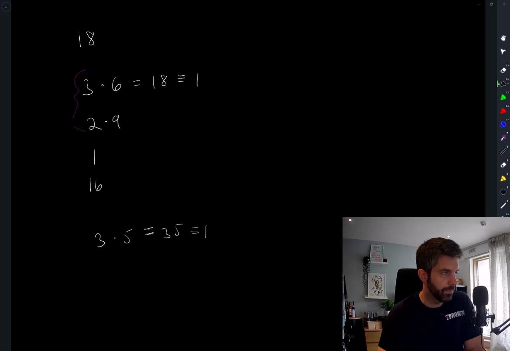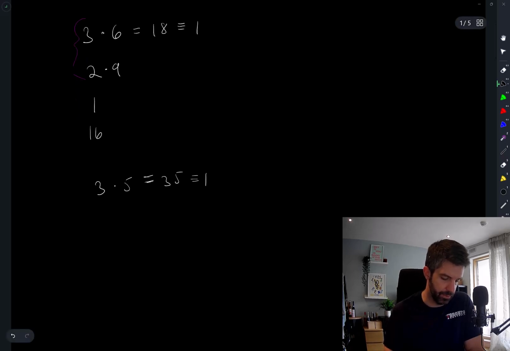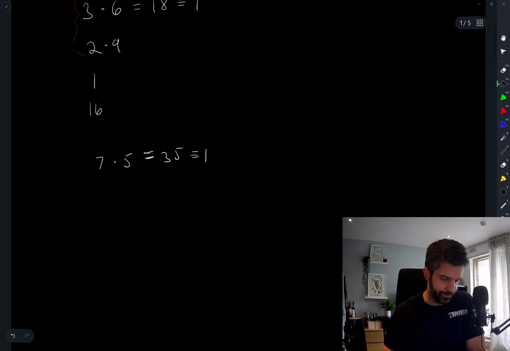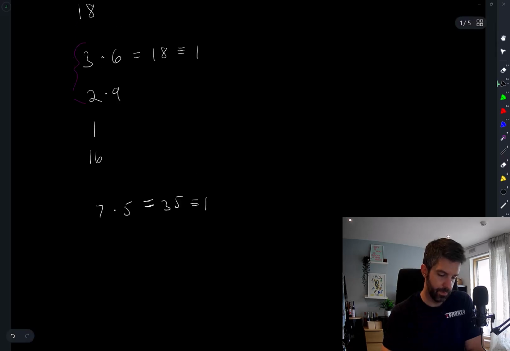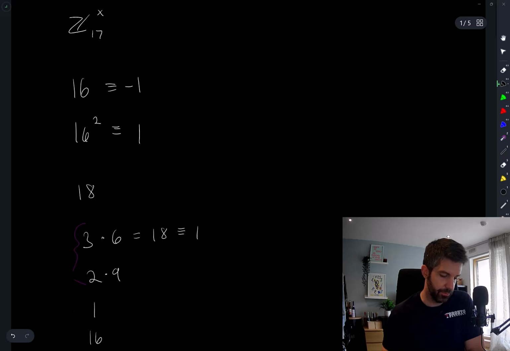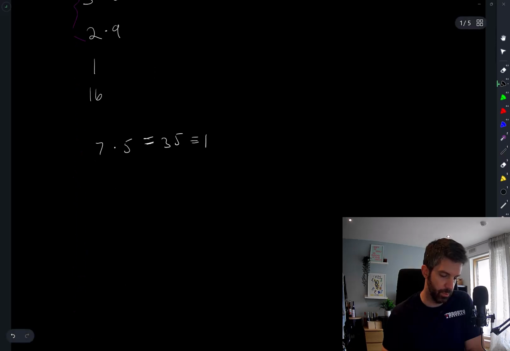A unit is something that you can multiply by something else to get, oh, 3 times 5 is not 35. What am I doing? 7 times 5. Okay, there we go. That makes more sense. Seven times 5 is 35. Seventeen times 3, what is that, 51?